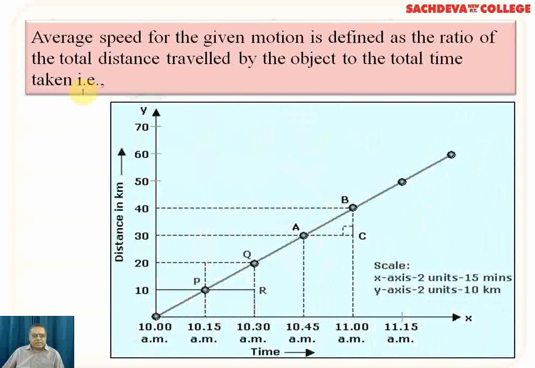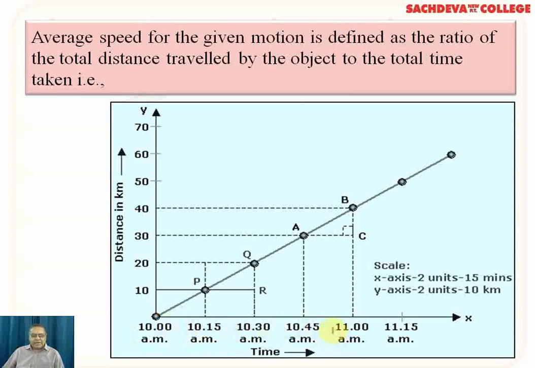Now in the graph, you can well observe that time is again taken on the x-axis and distance covered on the y-axis. In the graph, it is indicated sometimes the distance covered is more, sometimes it is less, and similarly, the time taken is like 5 minutes each, from 10 to 10.15, then 10.15 to 10.30, 10.30 to 10.45.